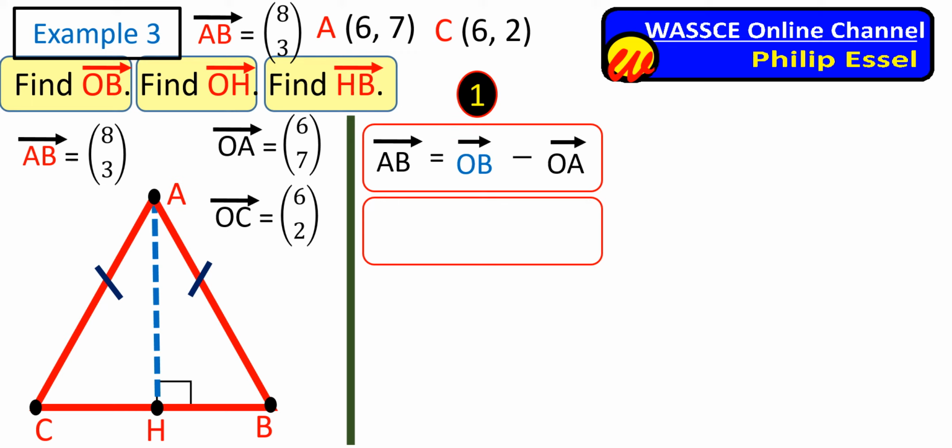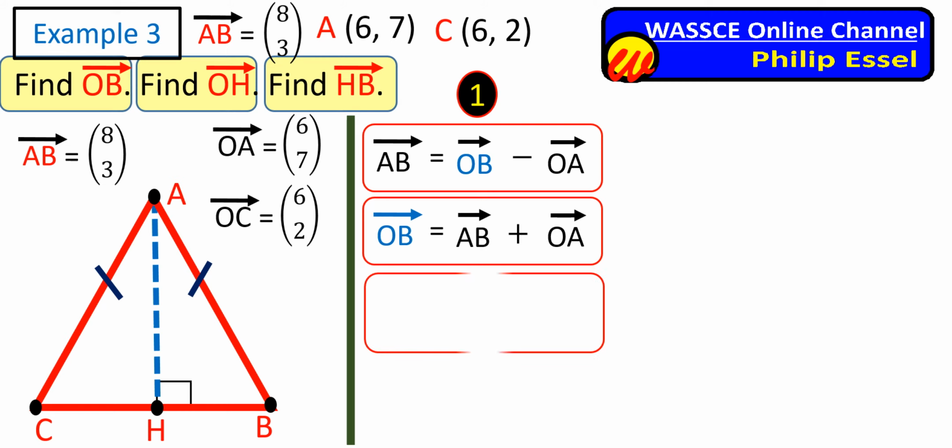When we do this, the vector OB will be equal to the vector AB plus the position vector OA. So now let's substitute our information into this equation.